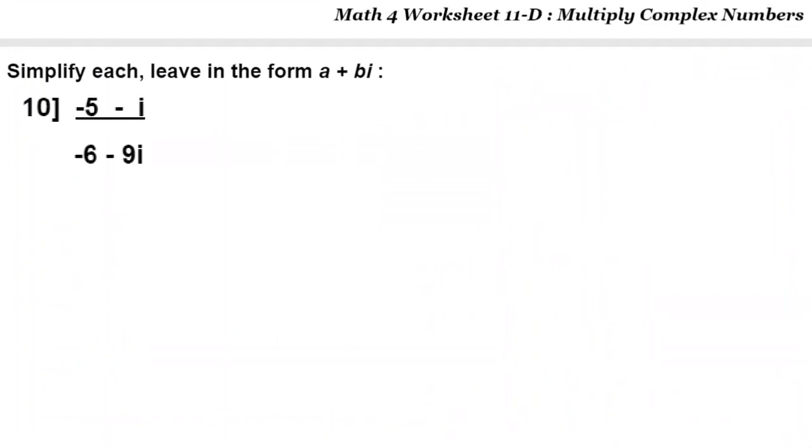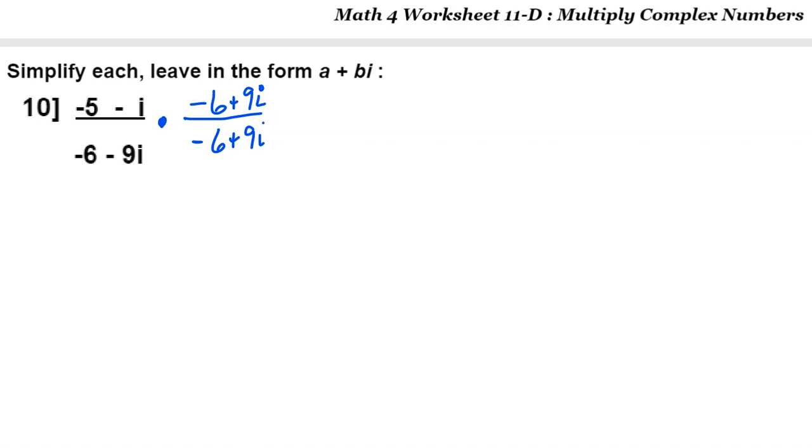All right, number 10, we are going to multiply by negative 6 plus 9i. Now, I want you to notice something here, that with the conjugates, it is only the sign in the middle that gets changed. You know, the negative 6 up front, that's not what's going to change. It's always about the i's.